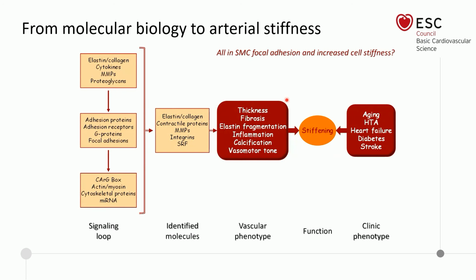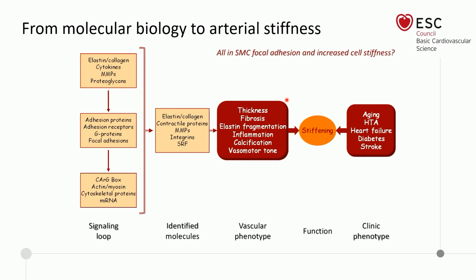So I would like to summarize the second part of this talk, from the signaling loop to arterial stiffening and vascular remodeling to clinical phenotype. The problem in all this is redundancy, because the system is redundant, specifically the integrin family, which is the most important family of mechanotransduction.